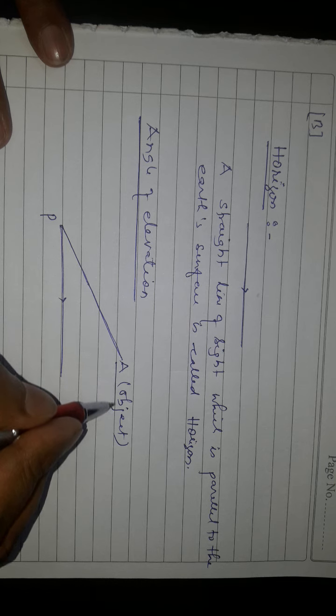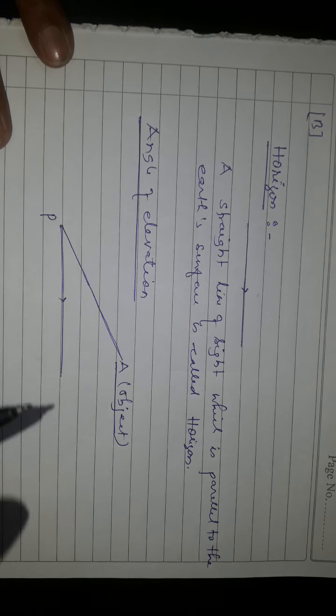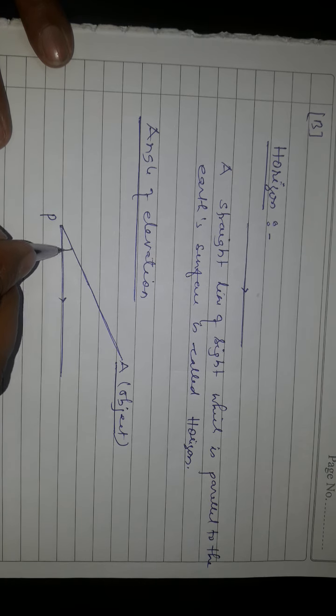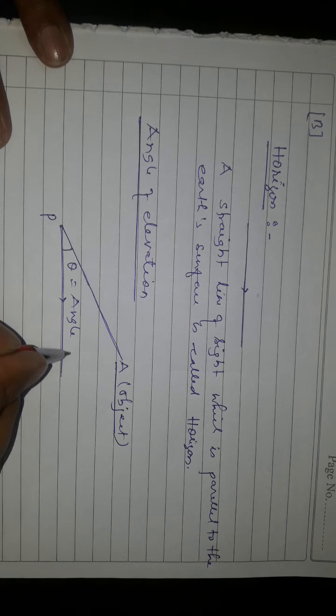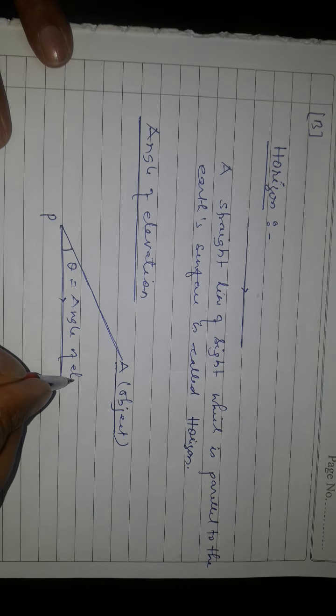The object which is above the earth's surface. So this angle is called the angle of elevation, that is considered here theta.